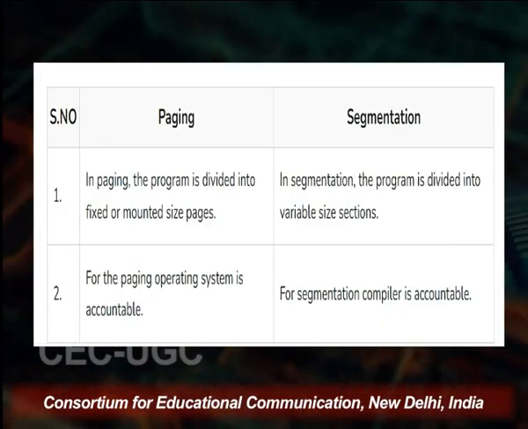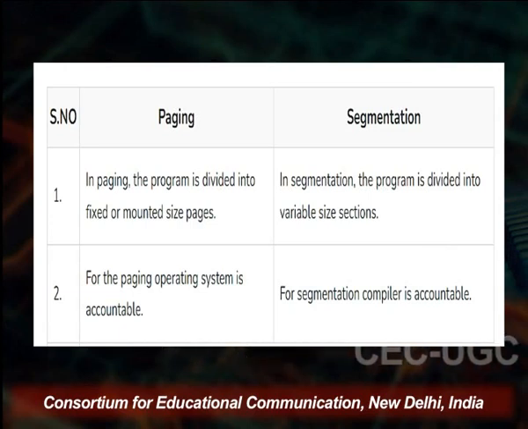So, in paging, a program is divided into fixed size pages. We have seen 4 byte pages in our earlier example, while in segmentation the program is divided into variable size sections. So, one section is, let us say, data, another section is procedures, a third section is, let us say, stack. All these are variable size chunks, we can say.